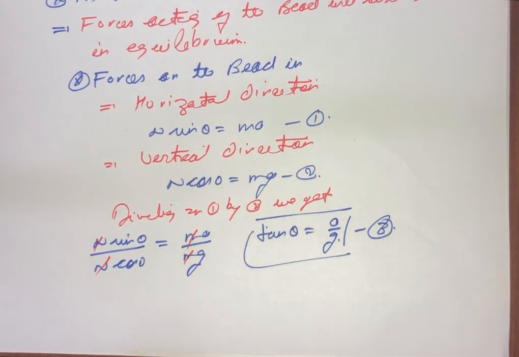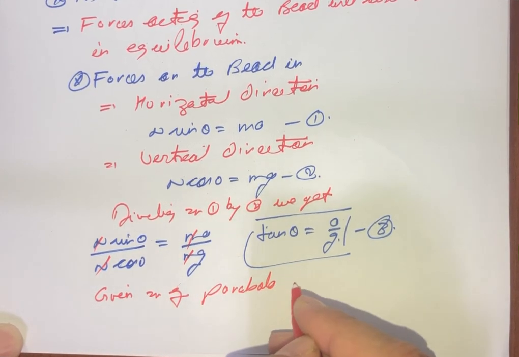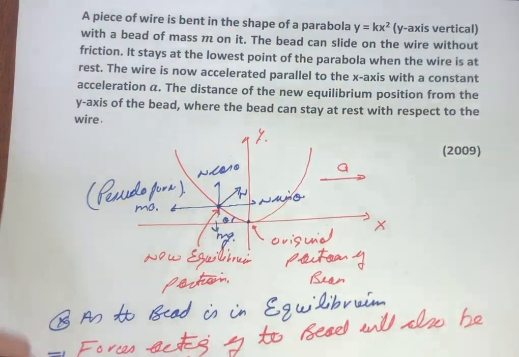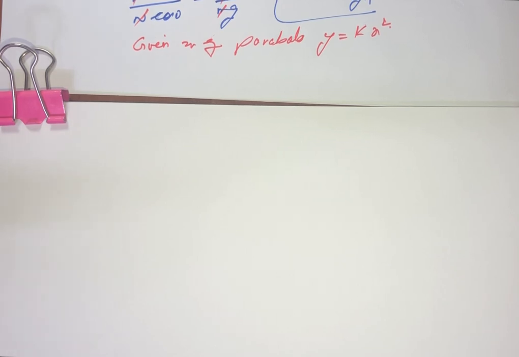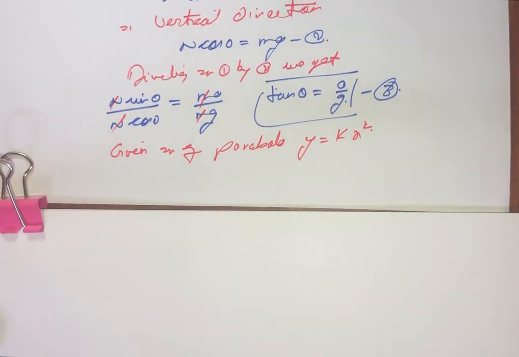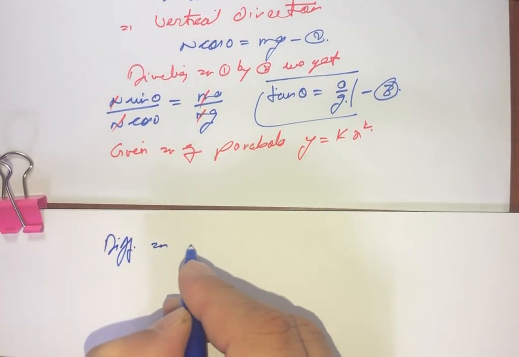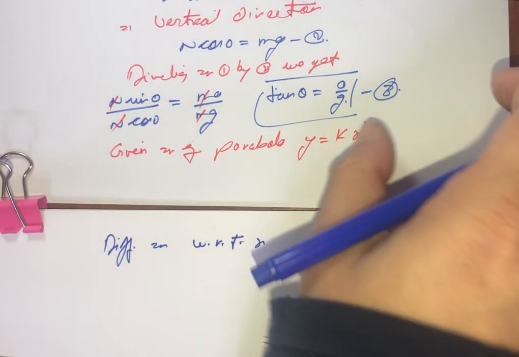Now the given equation of the parabola is y is equal to kx square. Differentiating this equation with respect to x, let us call this equation number 4.